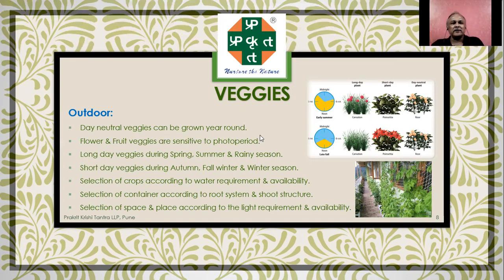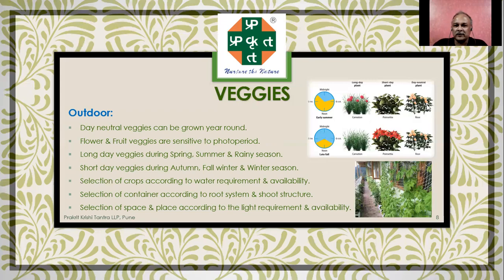So day neutral vegetables can be grown round the year because they are not sensitive to the light period, the photo period. Then certain flowering and fruit veggies are sensitive to photo period. Here I must say that not all the flowering vegetables and fruiting vegetables are sensitive to photo period.